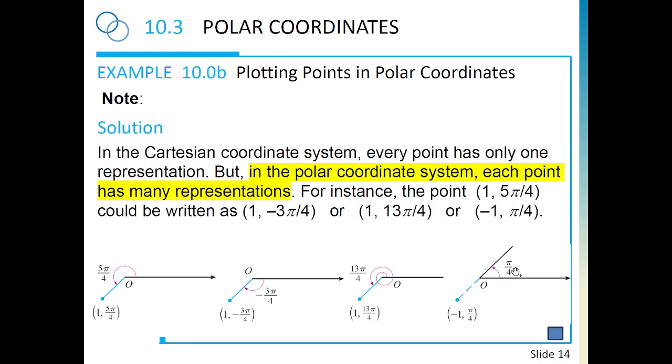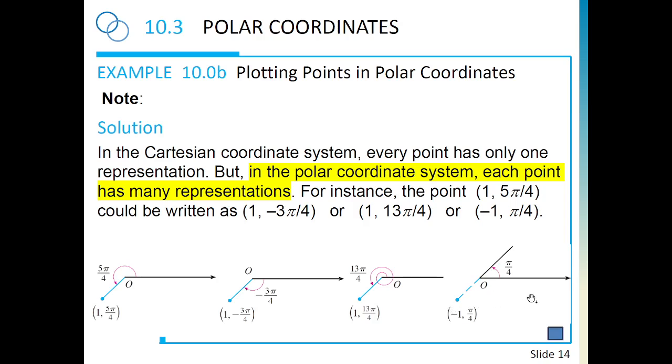I need to subtract or add pi to the original angle. So 5 pi over 4 minus pi will give me pi over 4. So this is the angle. 1 would be here, minus 1, we go to the opposite quadrant.